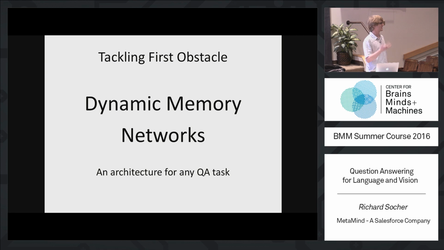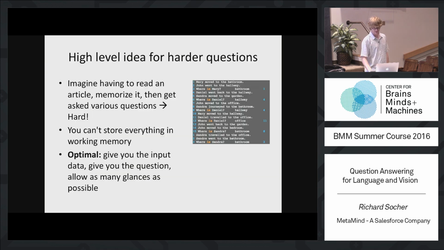It's hard for you to actually be able to do this, unless, of course, they're very important stories of your life. Like you might remember the first time you ever met somebody who becomes your wife, right? Or the first time you had some important life event. So generally, it's hard for us to store everything in our working memory, and we hence want to allow the model to take passes over past experiences.